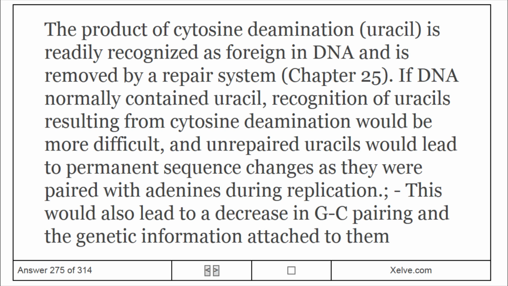If DNA normally contained uracil, recognition of uracils resulting from cytosine deamination would be more difficult, and unrepaired uracils would lead to permanent sequence changes. As they were paired with adenines during replication, this would also lead to a decrease in GC pairing and the genetic information attached to them.